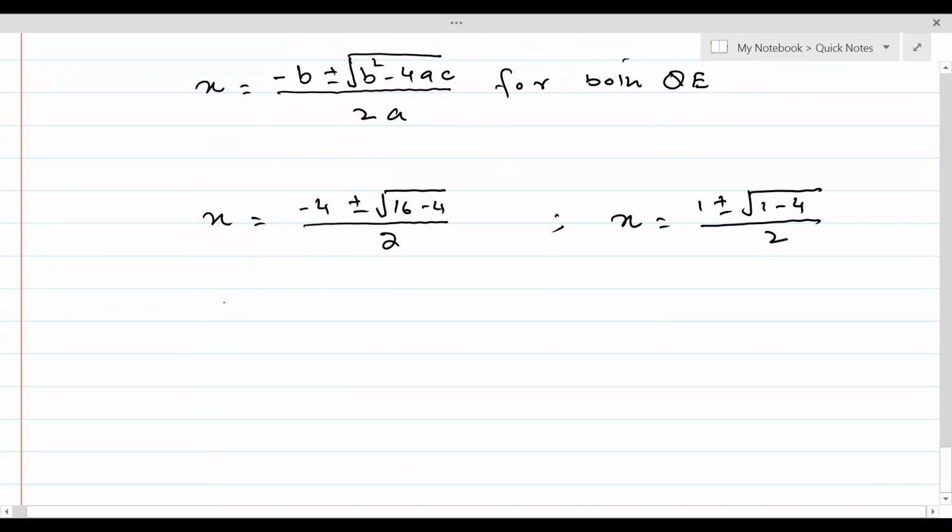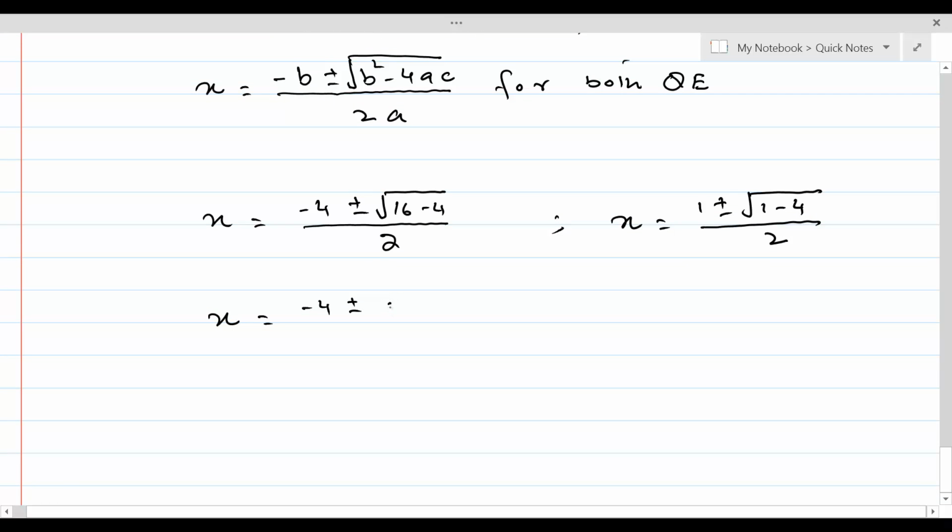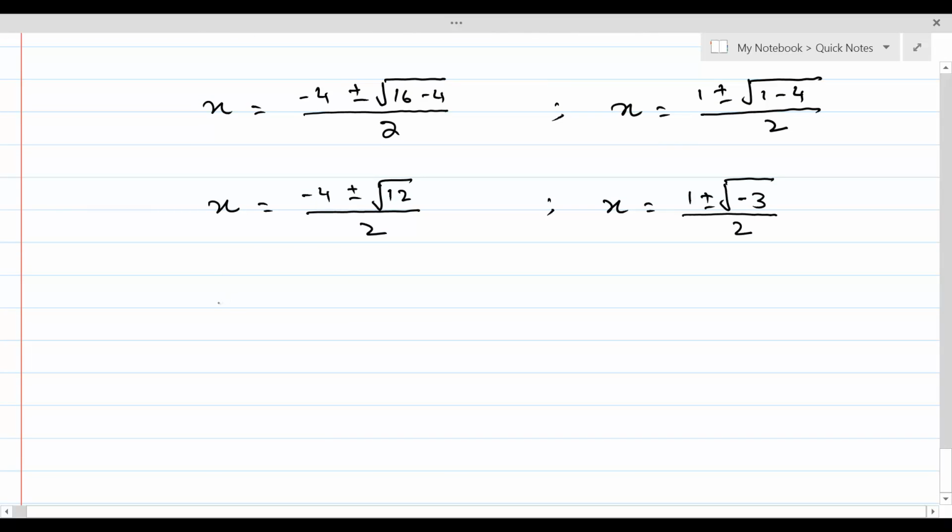In this case x is equal to minus 4 plus minus under root 12 over 2, and here we have x equal to 1 plus minus square root of negative 3, divided by 2. And x in this case would be equal to minus 4 plus minus 2 times under root 3, divided by 2.